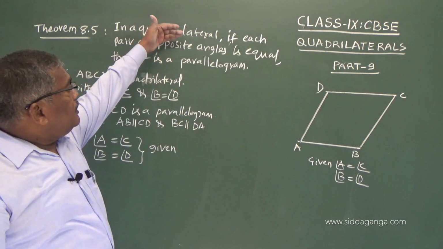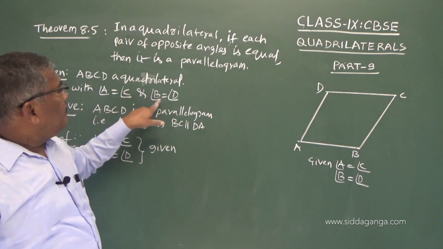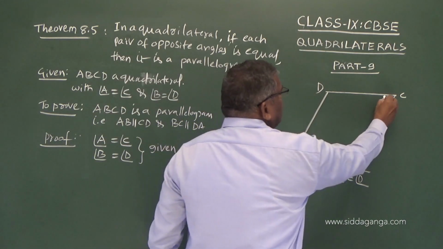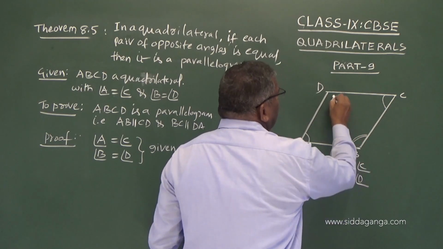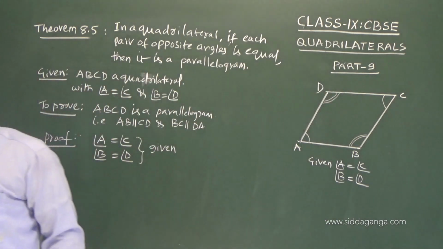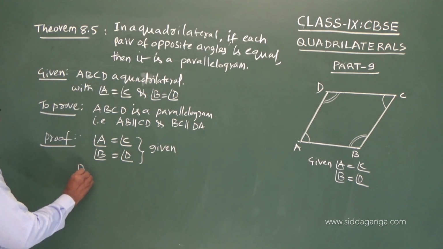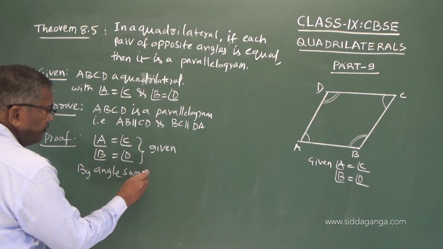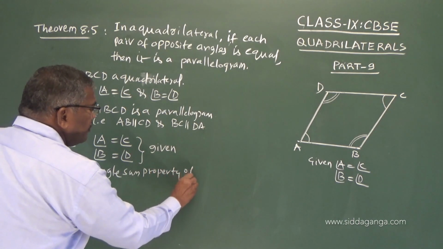See that it is in the data portion. ABCD is a quadrilateral with angle A equals angle C, angle B equals angle D. Opposite angles are equal. So this angle is equal to this angle, it is given, and this angle is equal to this angle, it is given data. Now, by angle sum property of quadrilateral.